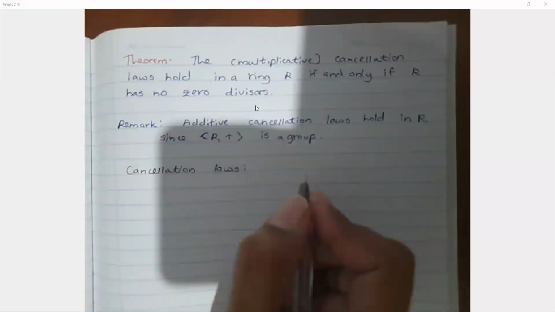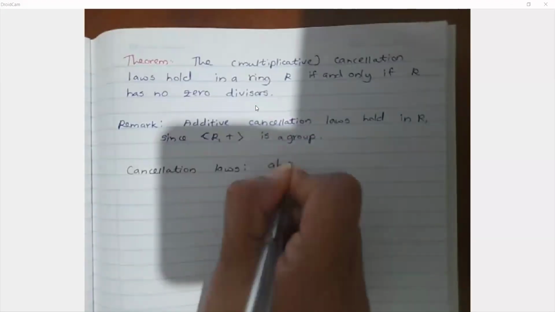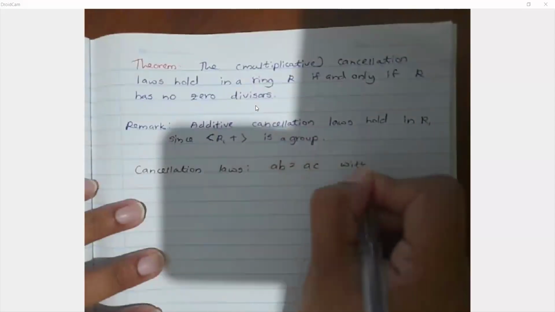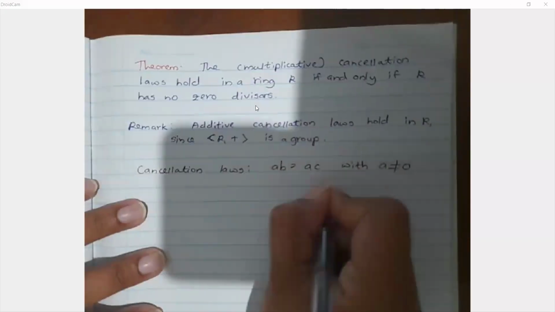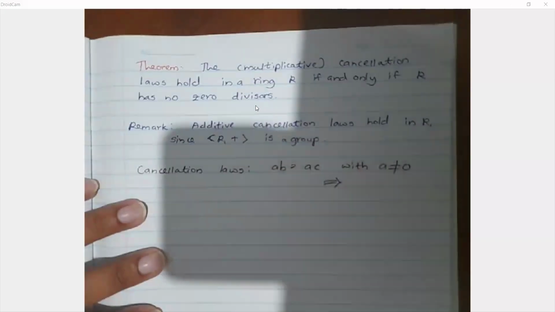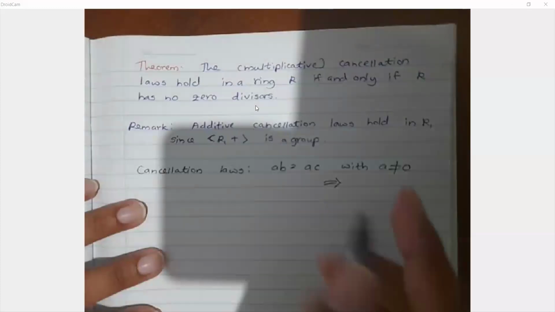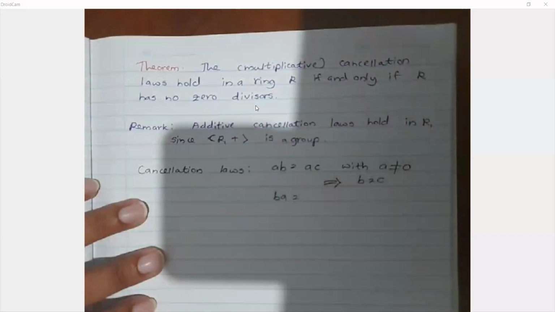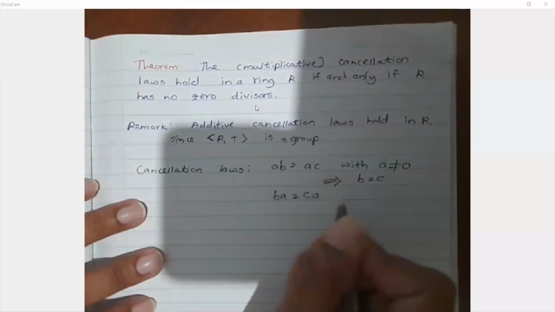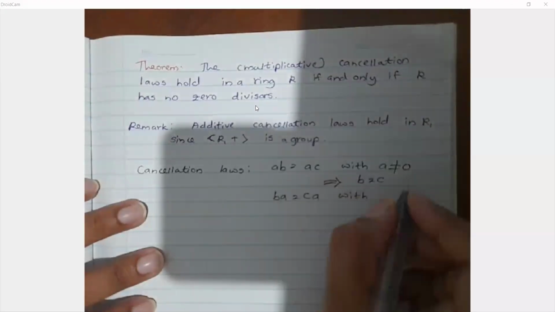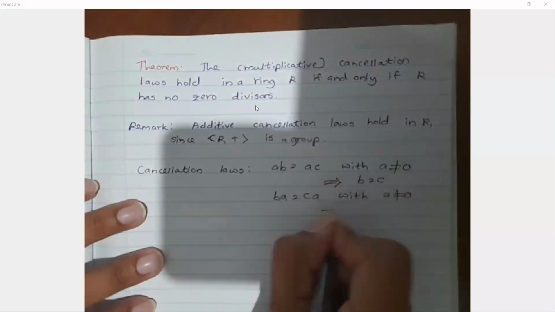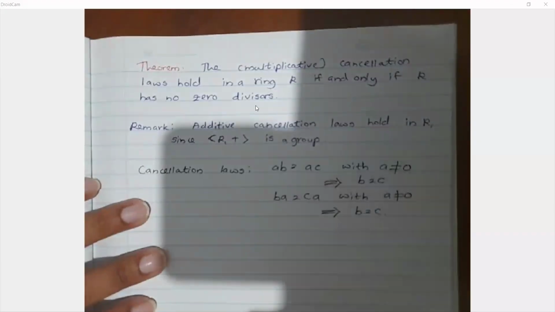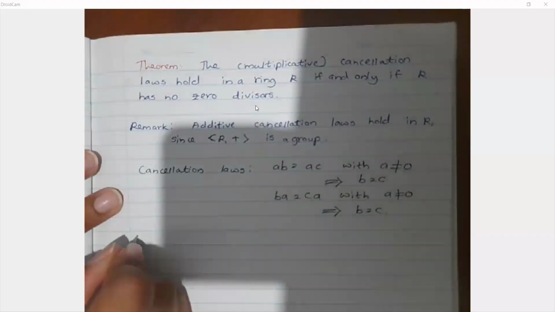If you have A, B, C in R, A times B equal to A times C, where A is non-zero, this implies you can simply cancel A from both sides and say that B is equal to C. On the other hand, if you have BA equal to CA, once again with A non-zero, you have B equal to C. Okay, let's take a look at the proof.